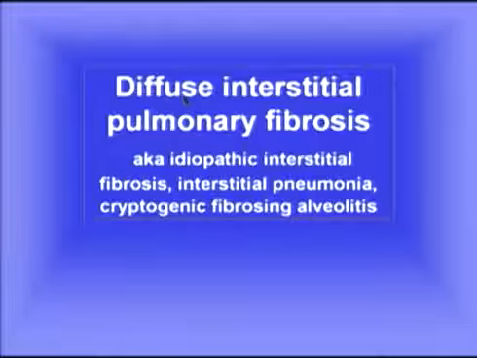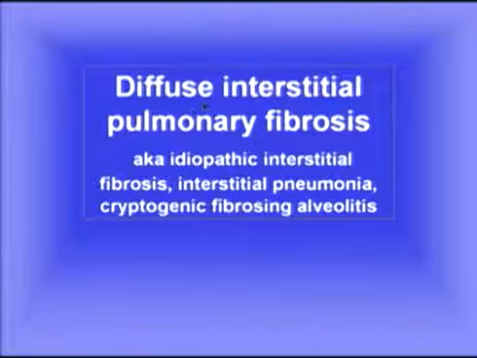Okay, so that's a quick review of the structure of the parenchyma of the lung. And then let's go on to one of the most important diseases that we're going to discuss, and that is diffuse interstitial pulmonary fibrosis. Now, it's a little bit confusing because a number of other names have been given to this disease, also known as idiopathic interstitial fibrosis.